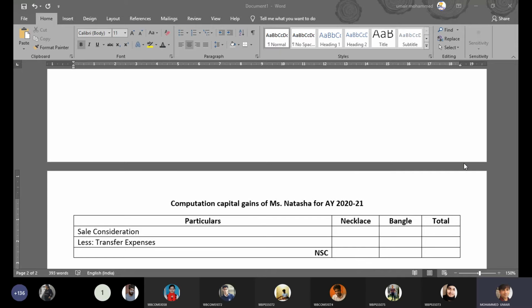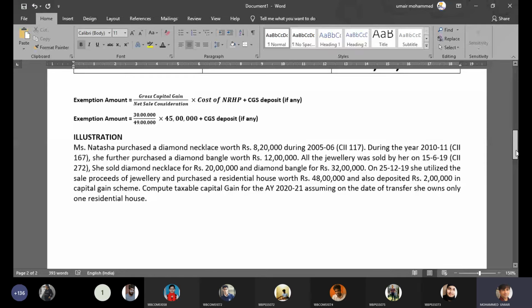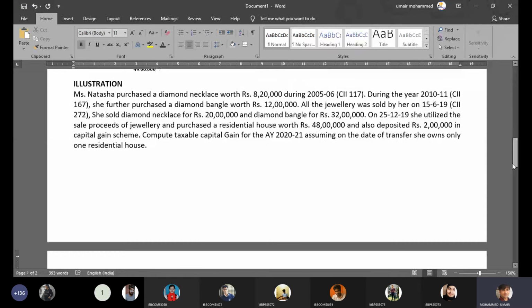So first thing is to read the question, and after reading the question, you people have to identify whether this assessee is eligible to claim any deduction, and if yes, under which section. So what is being sold and what is being bought is something which you people have to identify.